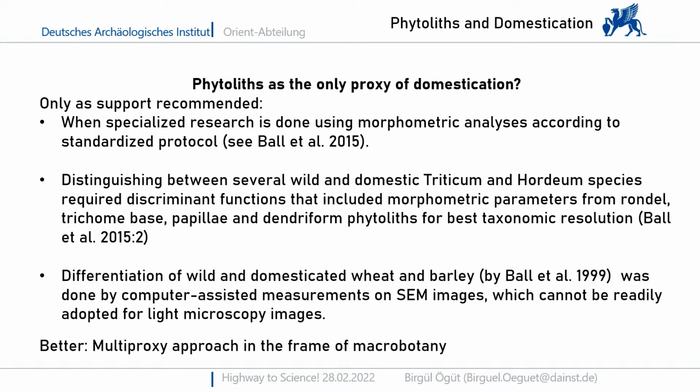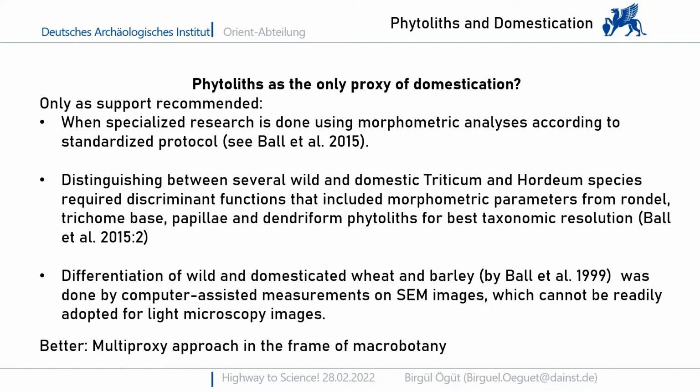I think it should only be used as a support for macrobotany, for example. And it could be possible when specialized research is done using morphometric analysis according to a standardized protocol.